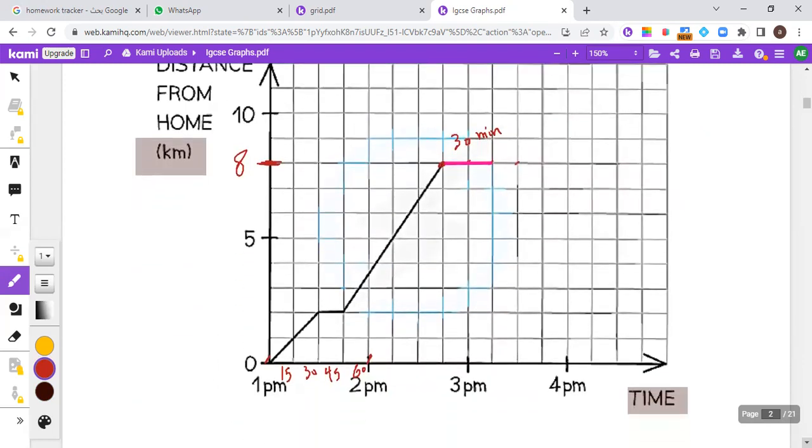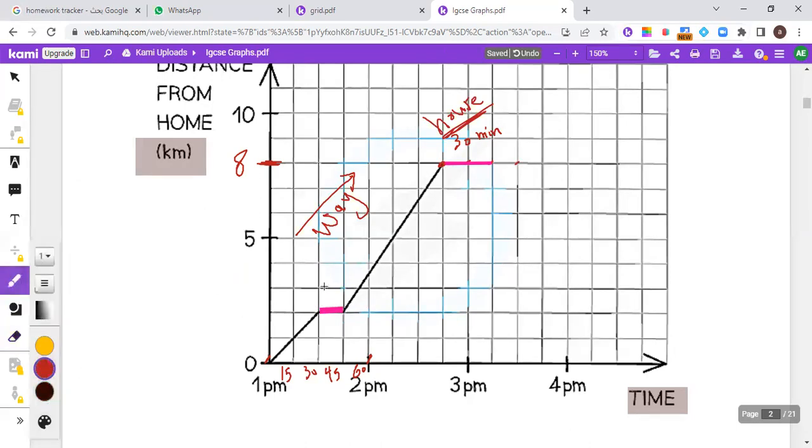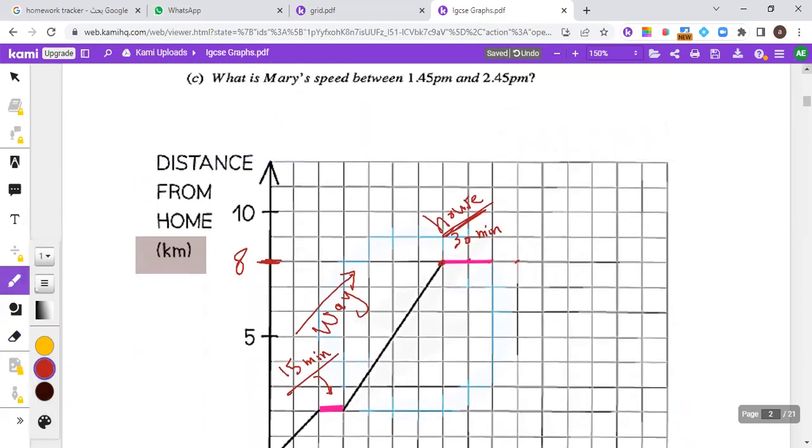Look here. This is the way, and this is the house. She stopped here. So here it is 15 minutes. So please write here 15.